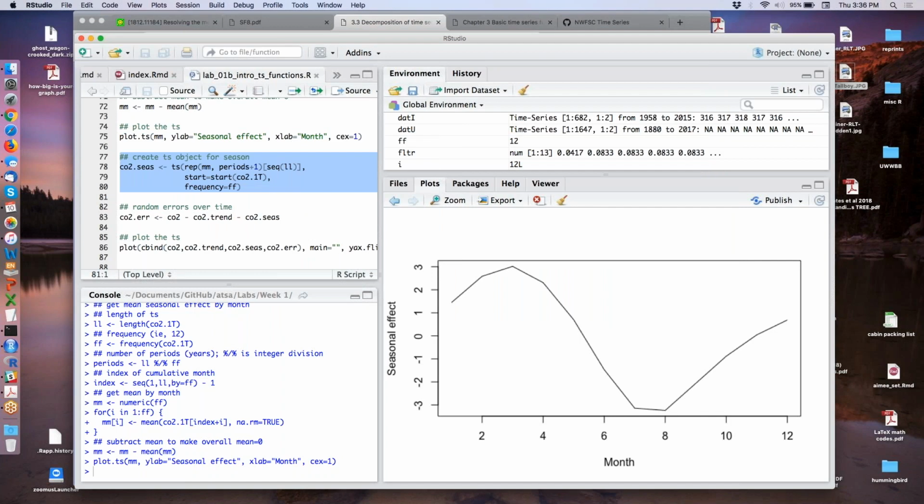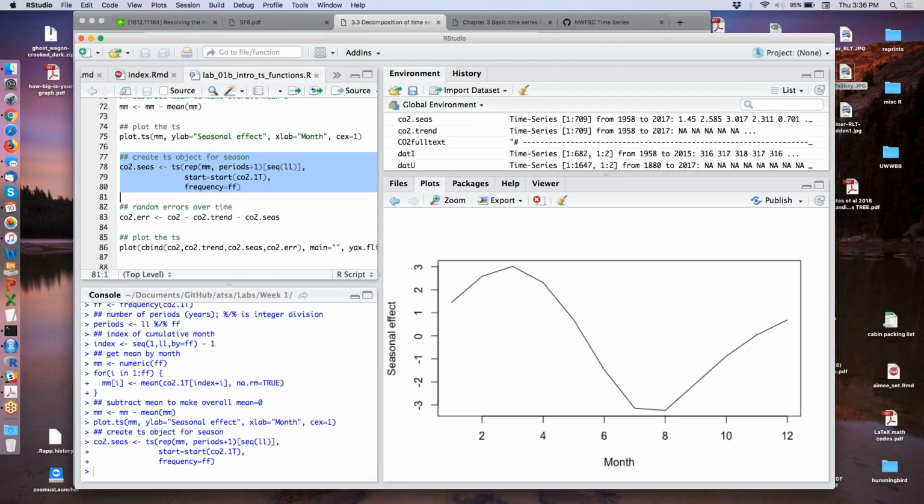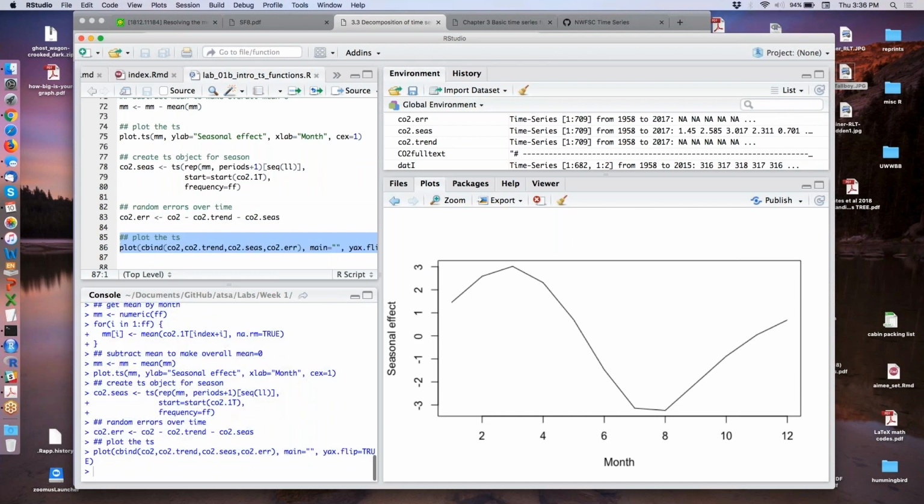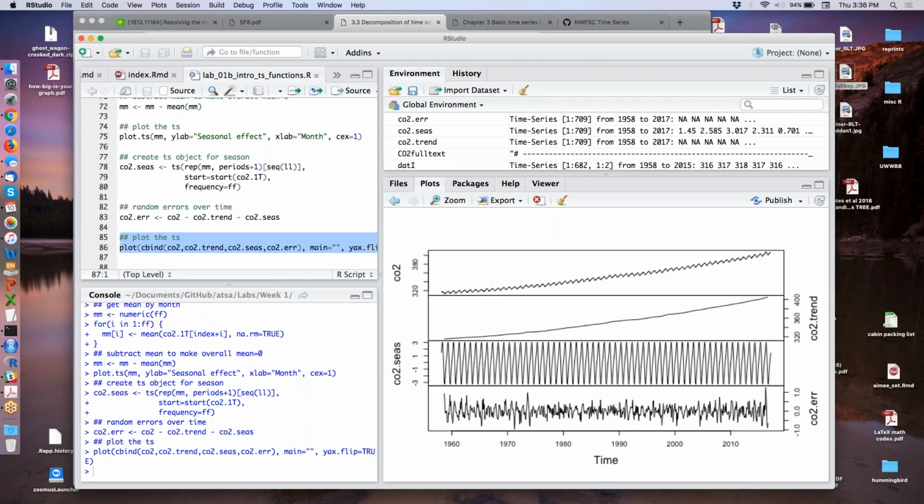So that's all this does, is just say replicate this annual signal the number of years we have, and then plot that. So here is our decomposition now. Here's the actual data. There's the trend. Here's the seasonal effect, and that's the leftover bit.